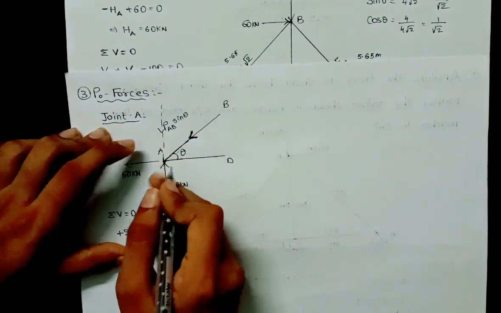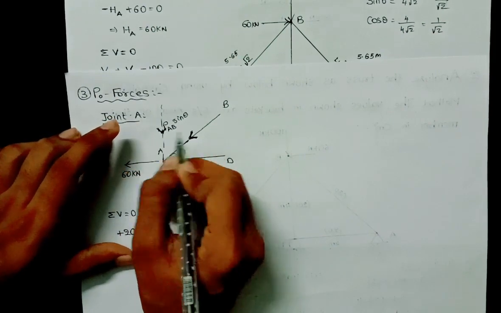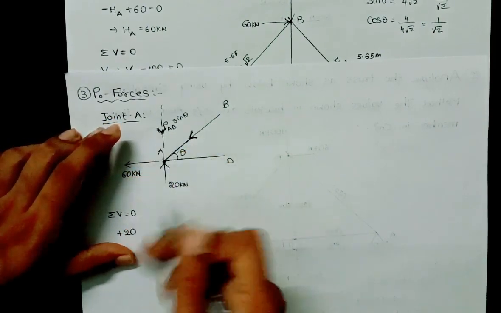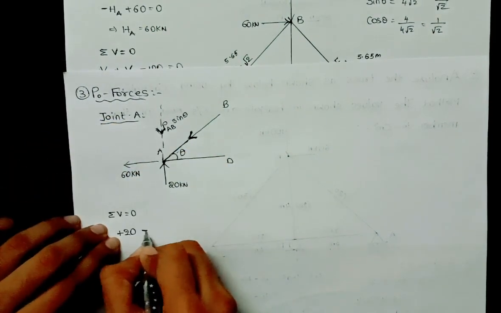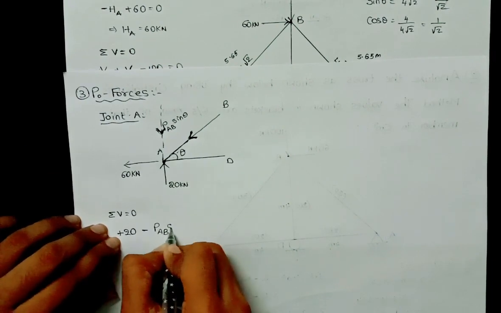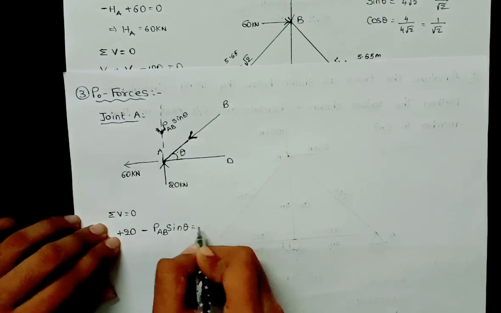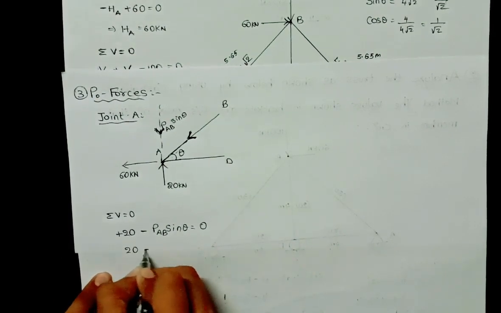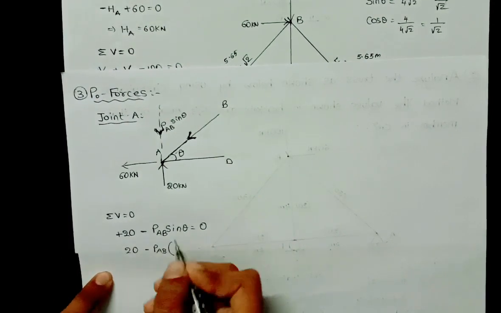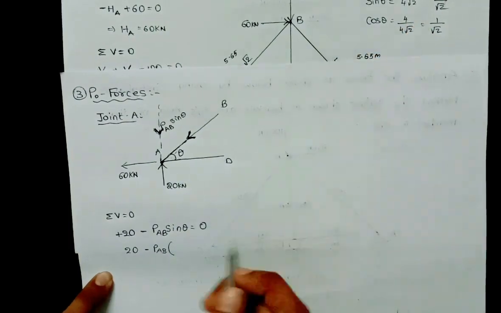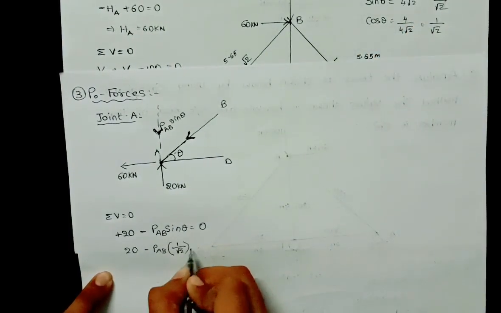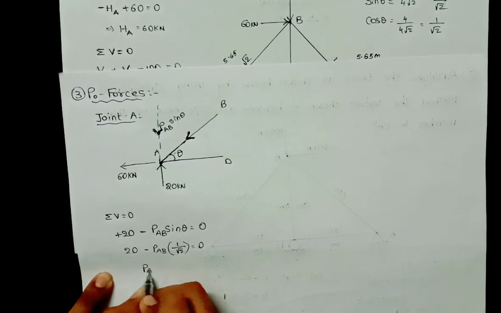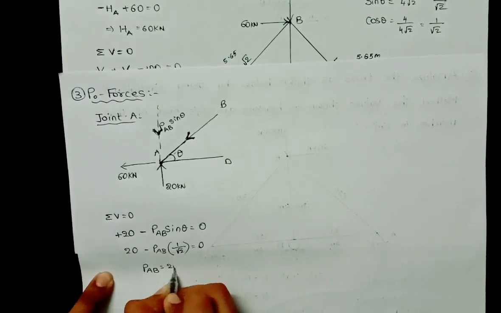Since this arrow is acting towards bottom, downward, so minus PAB sin theta equal to 0. Now 20 minus PAB into sin theta, we got as 1 by root 2 here, equal to 0. Now from this equation PAB equal to 20 root 2 kilonewton.